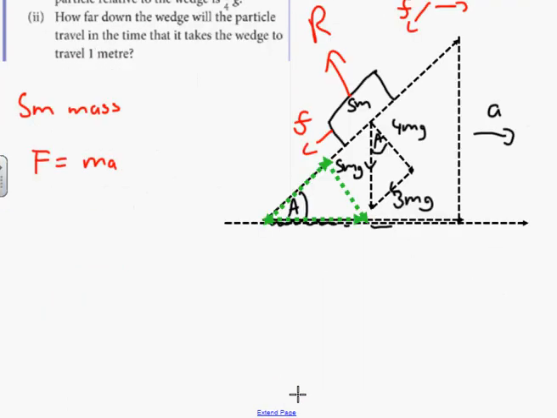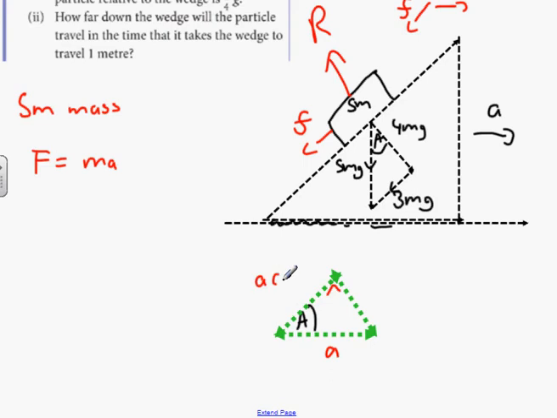Now I do this in my head, or sometimes I might actually do it on the triangle itself. But what's neater is if you just take it down here like so, and there is your acceleration triangle. And look, A belongs in there anyway. Okay. So what side is this, guys? The hypotenuse is A. What side is this then?